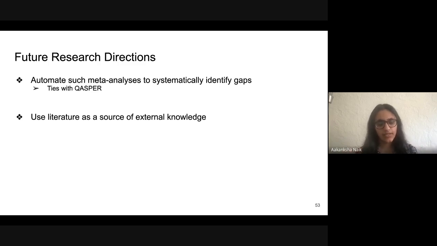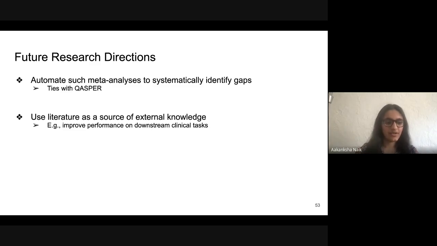I've been looking at various kinds of external knowledge sources for different projects, especially the work on temporality. But I feel like we can also use all the information and evidence that's present in literature when looking at different information extraction or classification tasks. The internship project that I did at Semantic Scholar this summer focused a little bit on this, from the perspective of improving performance on downstream clinical outcome prediction tasks.